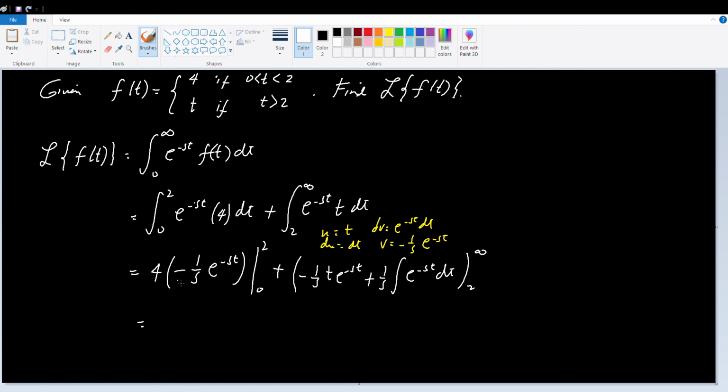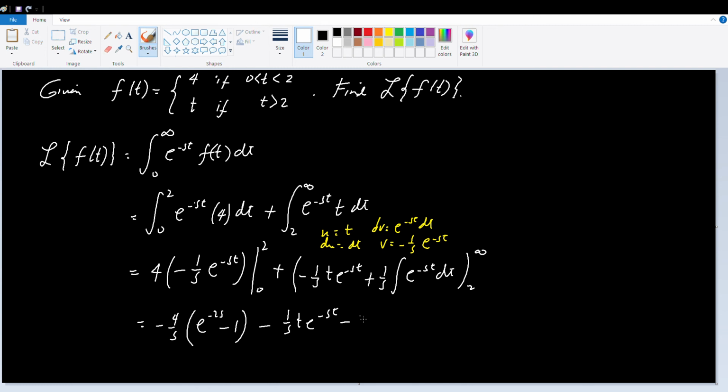So, we have here negative 4 over s e to the negative s times 2, or negative 2s, minus e to the negative s times 0, that will be 1. Now, we substitute the upper and the lower limits. Then, minus 1 over s t e to the negative st. The integral of e to the negative st is negative 1 over s times 1 over s.